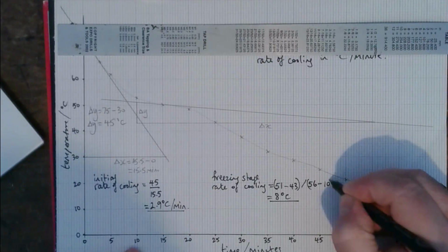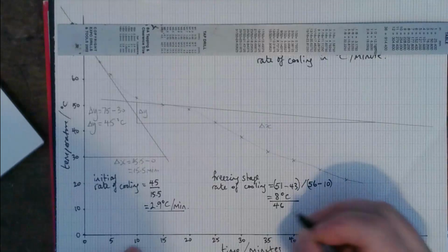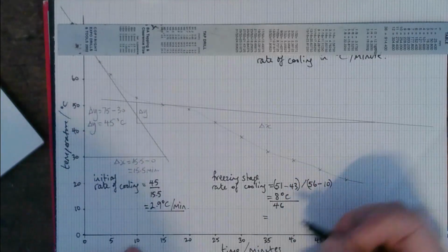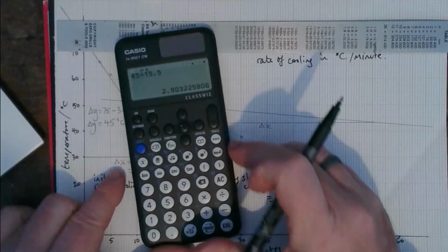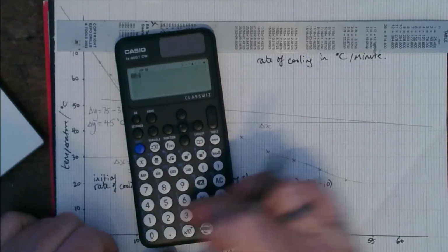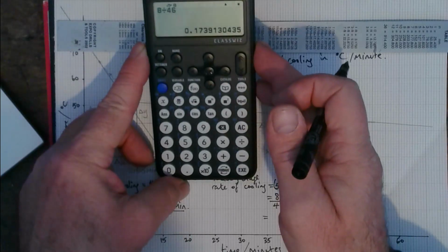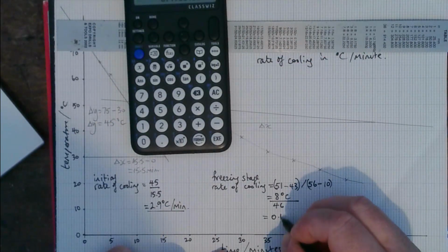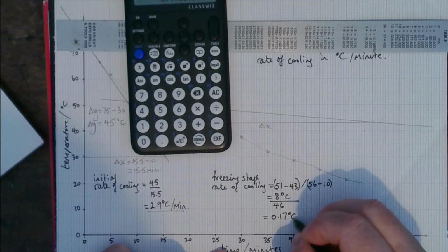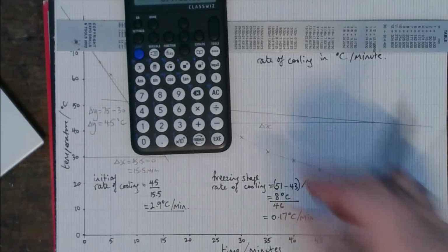My change in x is 46 minutes, which gives me a final rate of cooling of 8 divided by 46. It's very low, 0.17 degrees Celsius, okay, per minute.